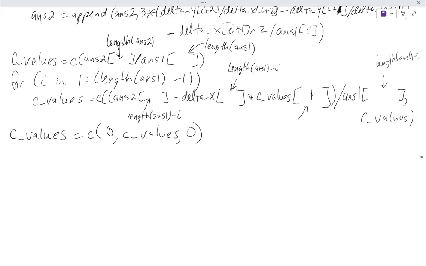And then we should be able to calculate the B's and the D's at the same time. I got an extra parenthesis in there.